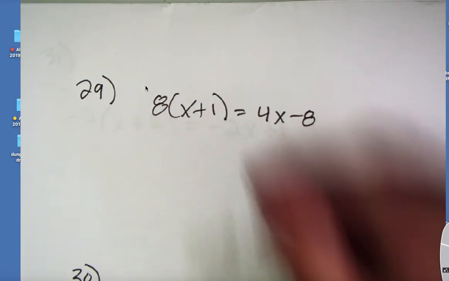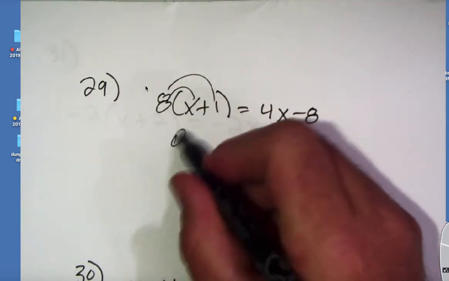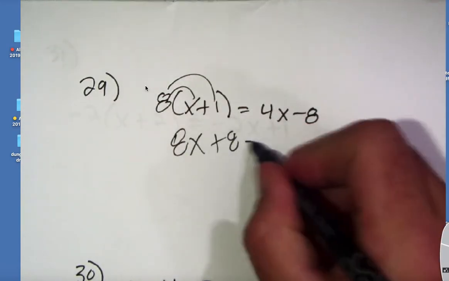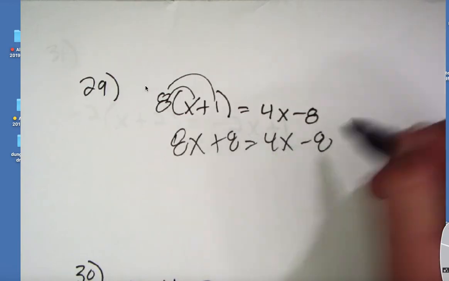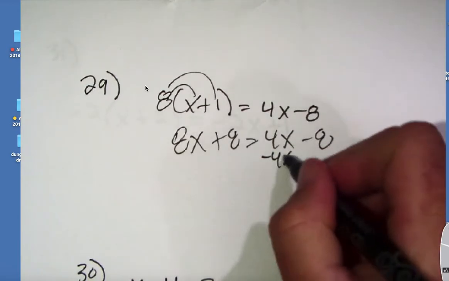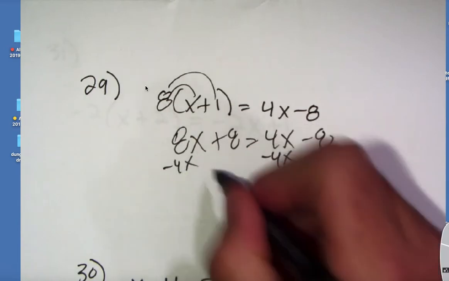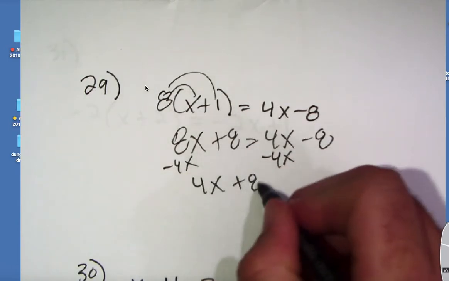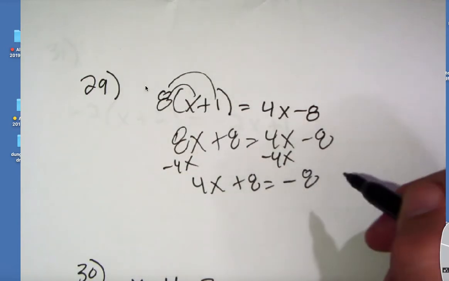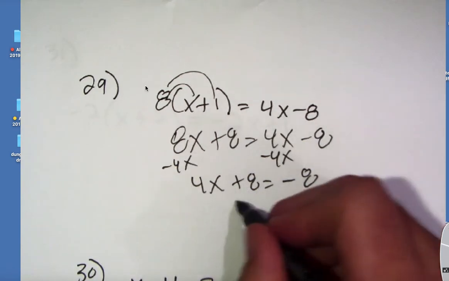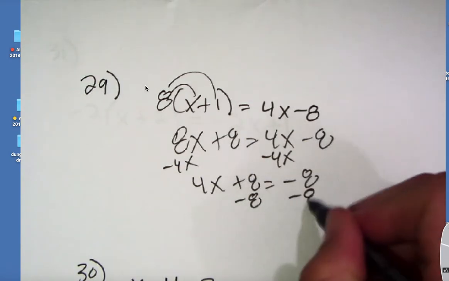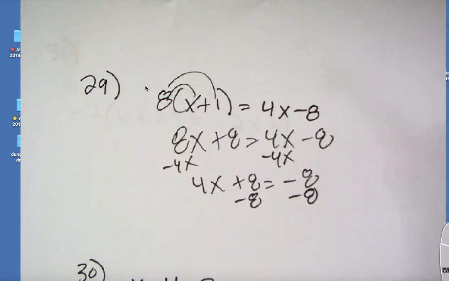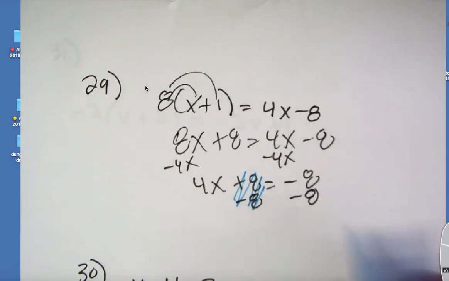29, we got distribute. Take away 4x from both sides. Sure, why not? 4x plus 8 equals negative 8. Take away 8 from both sides over here. Cancels that out.